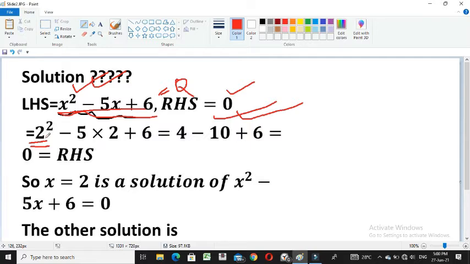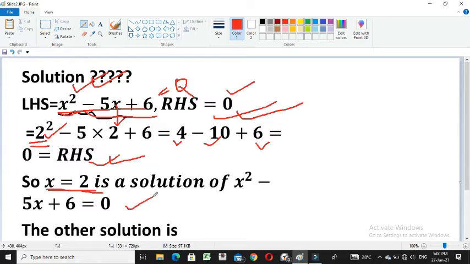It will be 2 square minus 5 into 2 plus 6. 2 square is 4, minus 5 into 2 is 10, plus 6. 4 plus 6, 10 minus 10 equal to 0, equal to the right hand side. So x equal to 2 is called a root or solution for this equation.